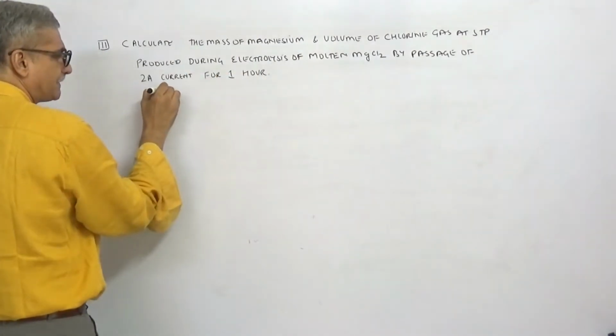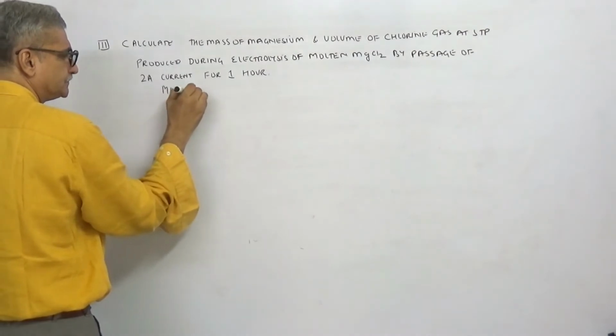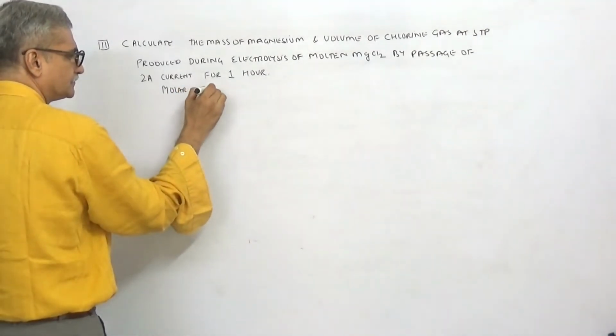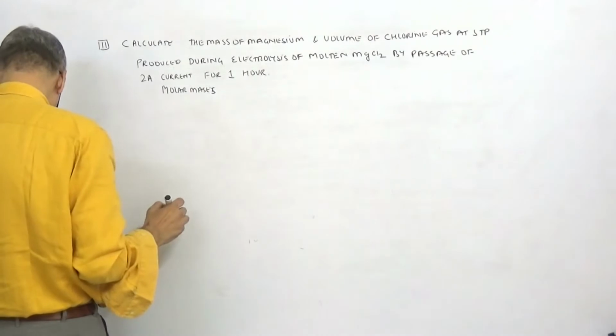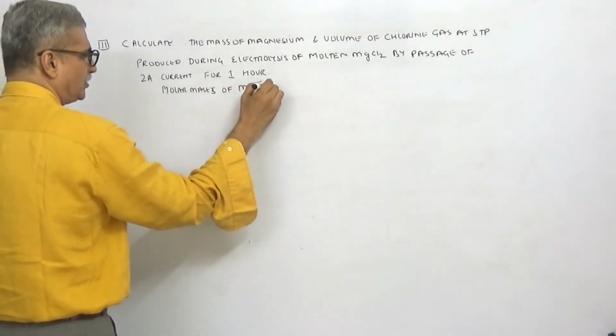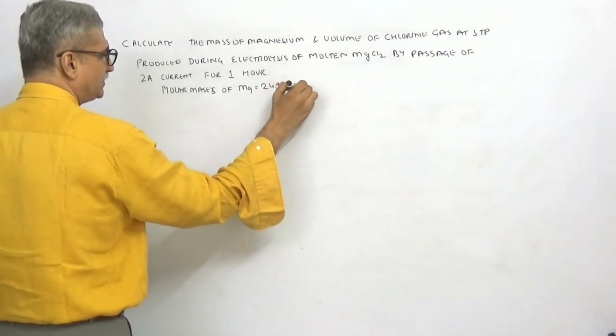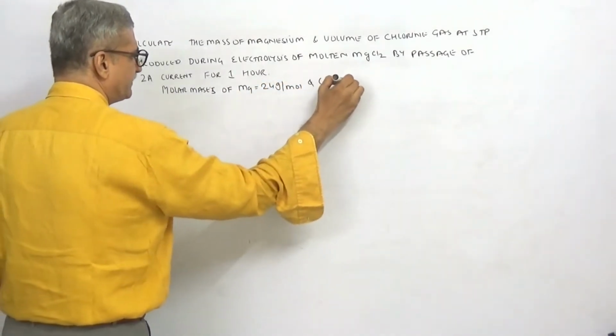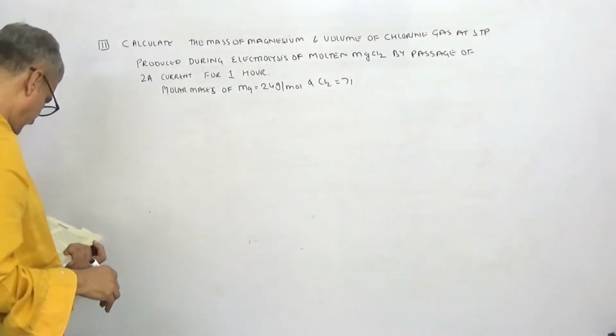Molar mass of magnesium is 24 gram per mole and chlorine is 71. We don't require the 71.